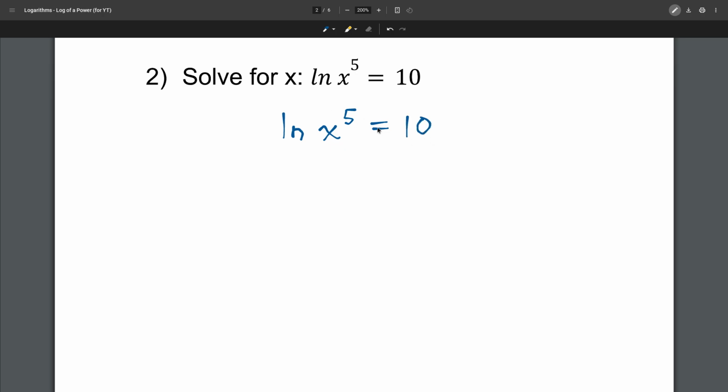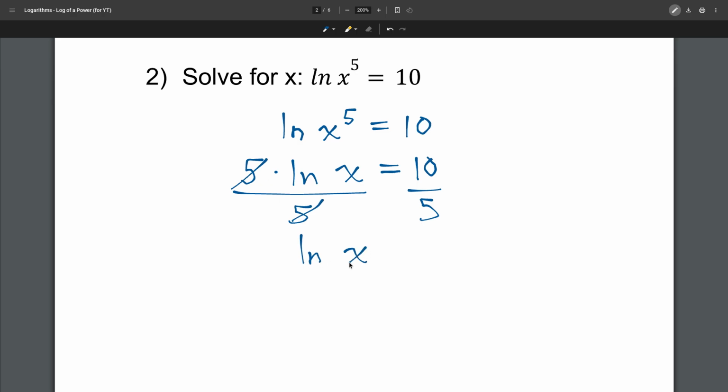So we can use the log of power property to rewrite this as 5 times the natural log of x equals 10. And then we can divide both sides by 5. So we can get the natural log of x equal to 2.